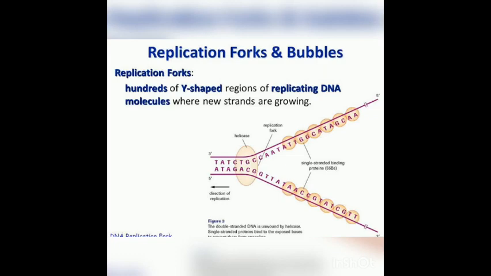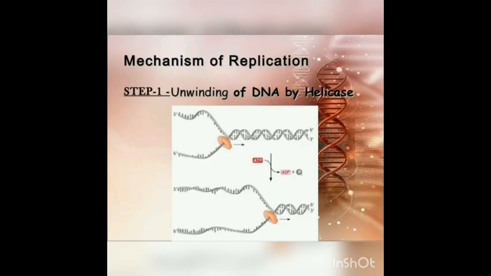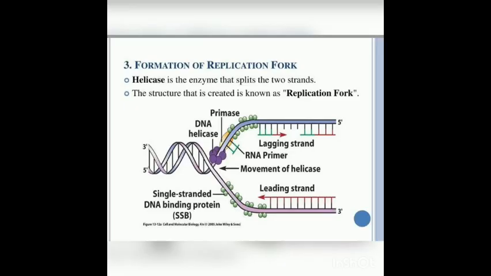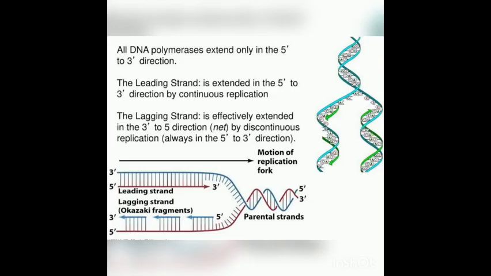Unwinding of the DNA strand is carried out by DNA helicase. Thus, in one strand, the template strand with polarity 3' to 5', the replication is continuous and is known as the leading strand.